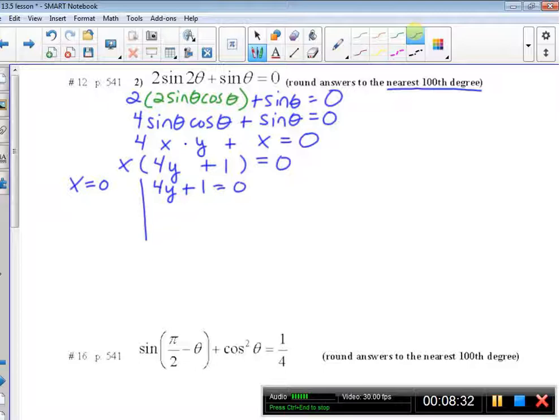We have to remember that we associated sine with x and cosine with y. So it's going to be sine theta equals 0 and 4 cosine theta plus 1 equals 0. Or you could have solved that and said cosine theta equals -1/4.